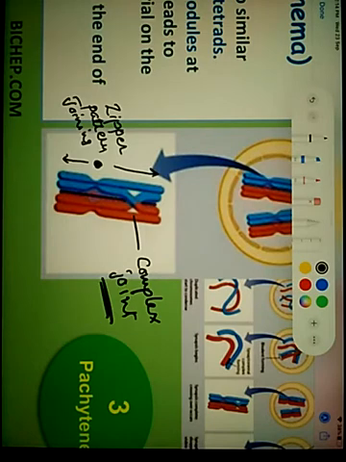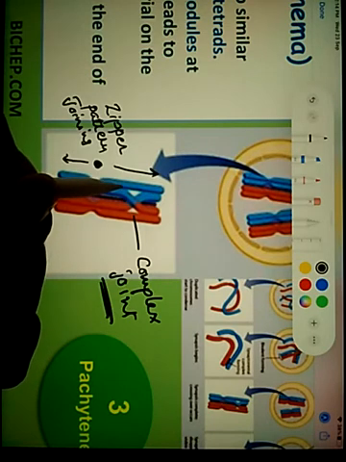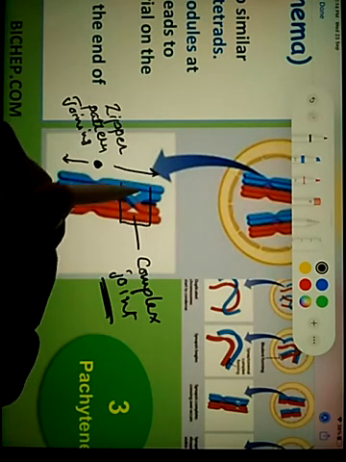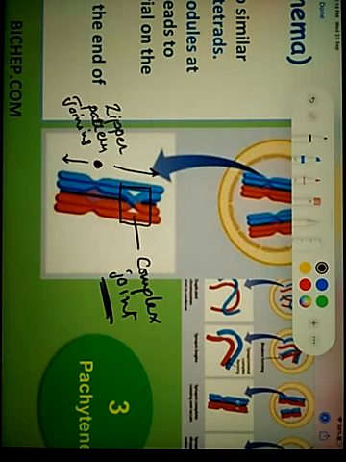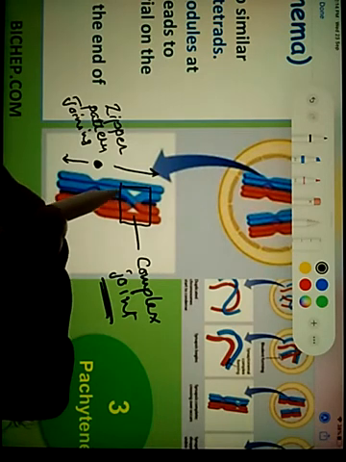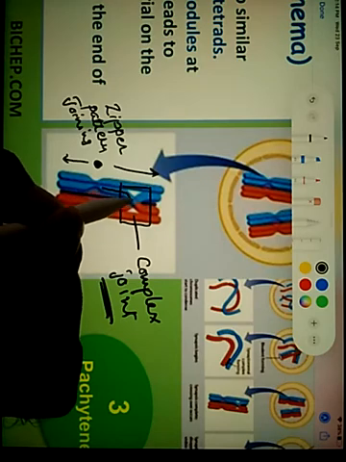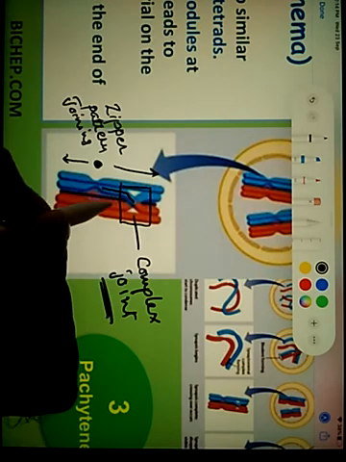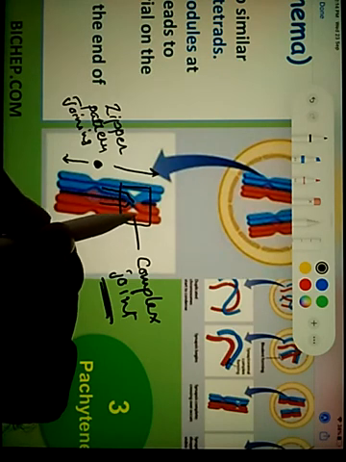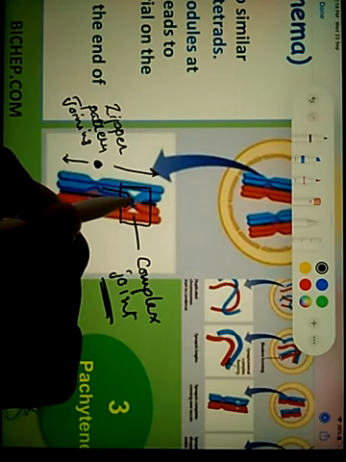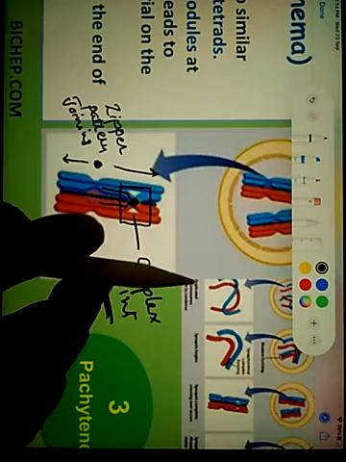Why is this happening? Because this complex joint must be proper enough so that this blue chromosome and these red chromosomes get perfectly joined at the junction.